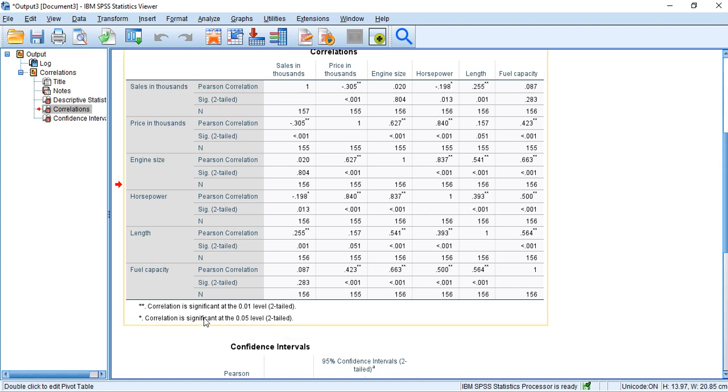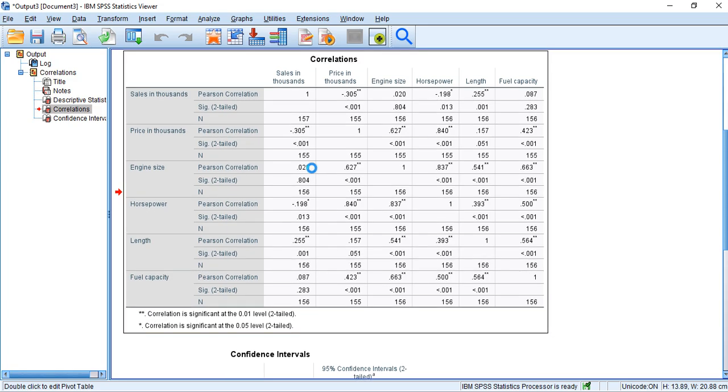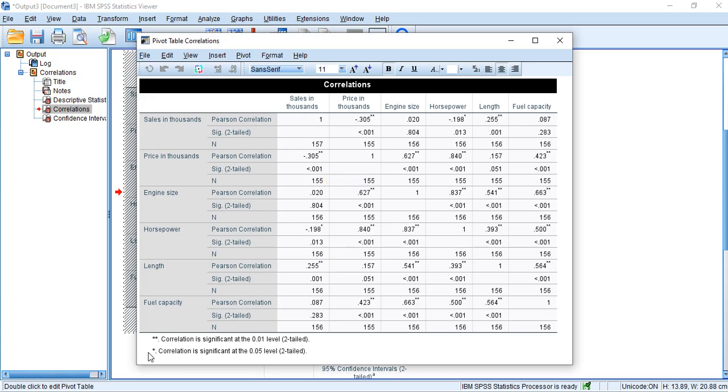Here we have these stars. The single star shows the correlation is significant at the 95% confidence level, and the two stars show that the correlation is significant at the 99% confidence level. That's what those stars stand for.